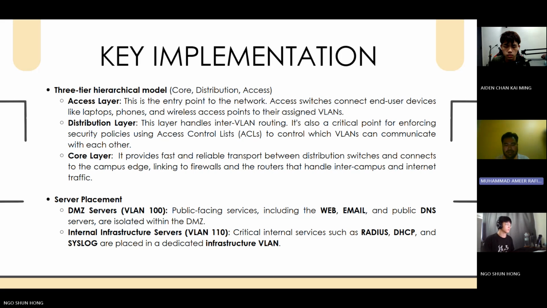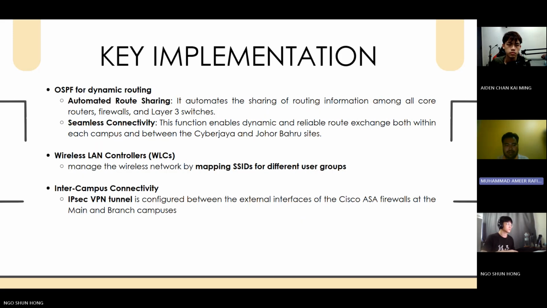The core layer is the one that transports between the distribution switches, linking to the firewalls and routers that handle inter-campus and internet traffic. For the server placement, we have 2: the DMZ servers, which are on VLAN 100 that hosts web, email, and DNS, as well as internal infrastructure servers on VLAN 110 that host Radius, DHCP, and syslog. So next slide.